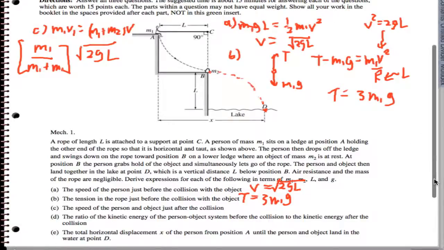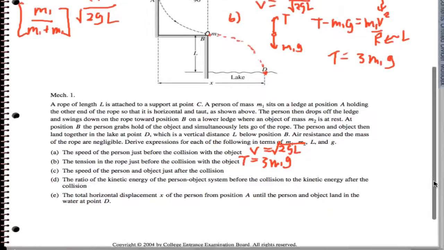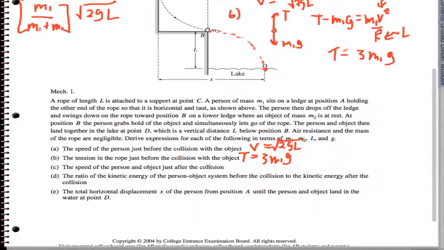Now, for D and E, we want the total horizontal displacement of the person when they land in the water. I'm going to do E first, and then I'll do D last. We fall through a distance L, so L is going to be 1/2 gt squared because we're falling.